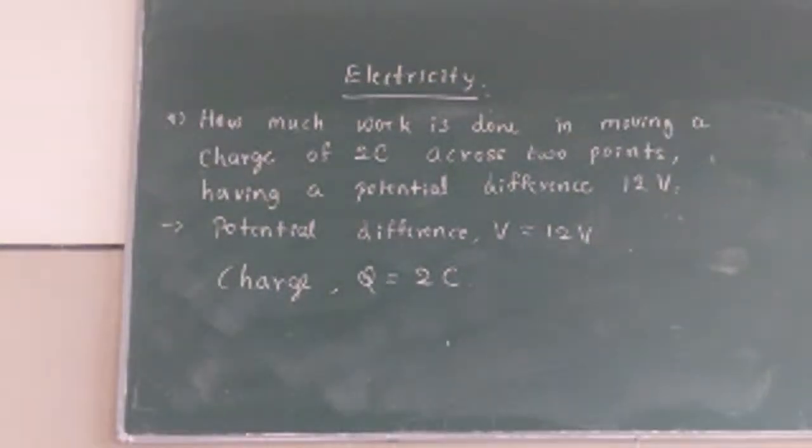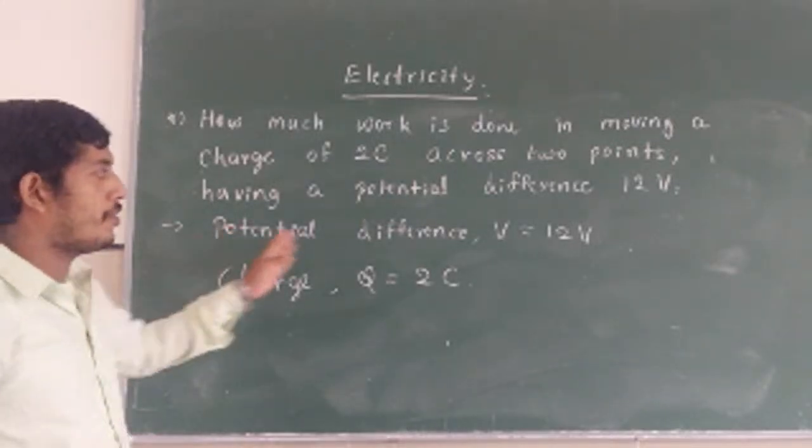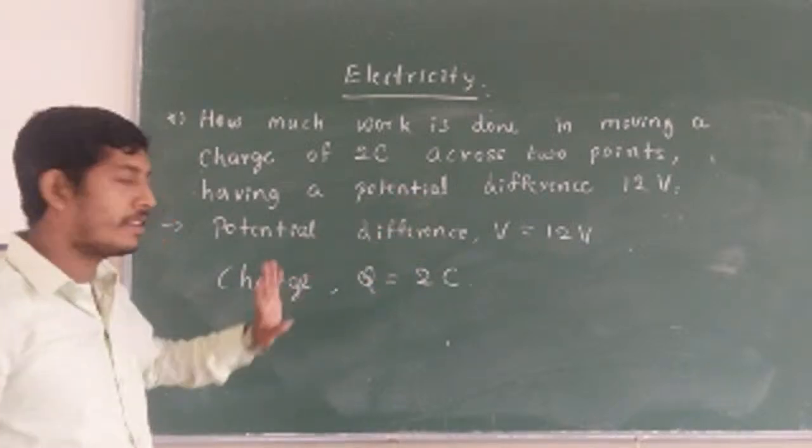Now just read that question once again. How much work is done in moving a charge of 2 coulomb across 2 points having a potential difference of 12 volt. So the potential difference is 12 volt and the charge is 2 coulomb.